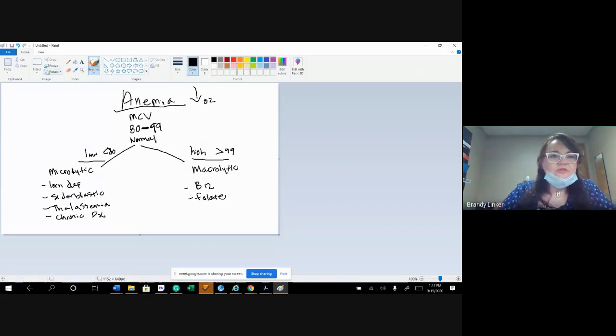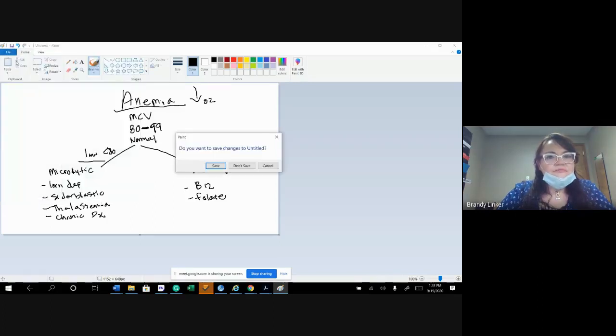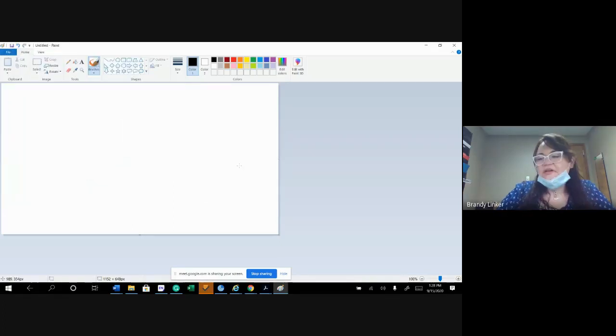Also, really quick before we start on different types of anemia, I want to give you a deeper anatomy of the red blood cell, because I think it's important to understand that. All right. So when you have a red blood cell, it's like this.